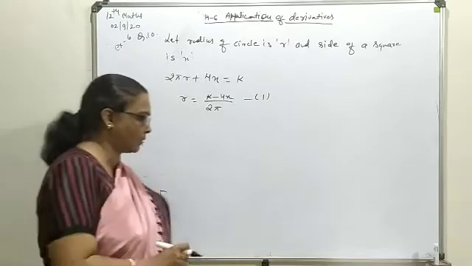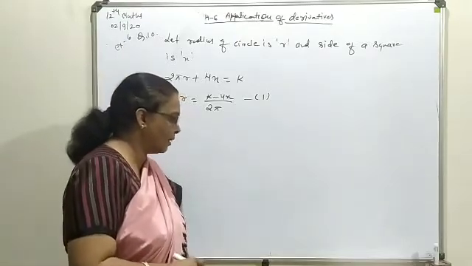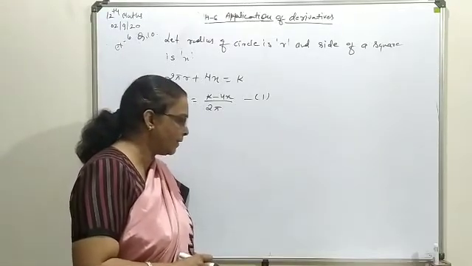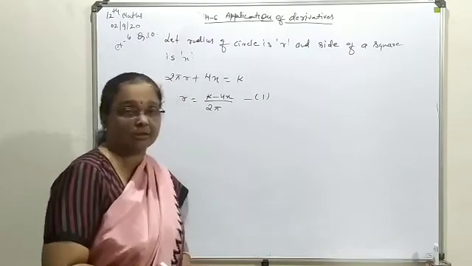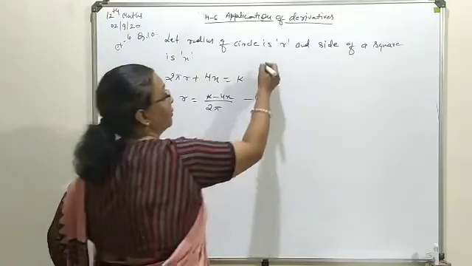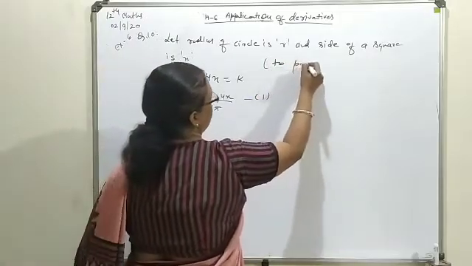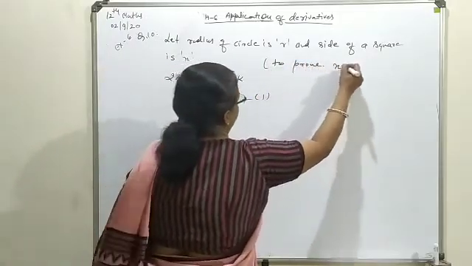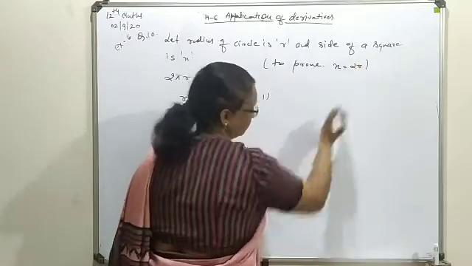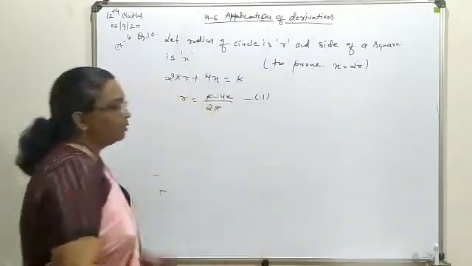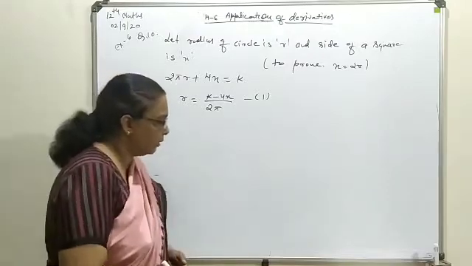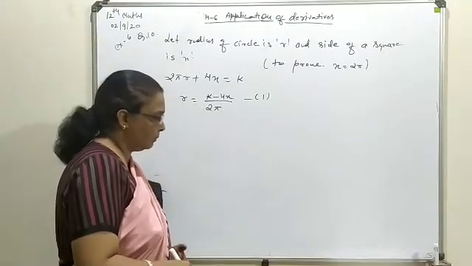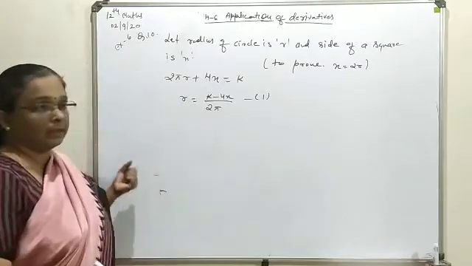Now what is being asked? Prove that the sum of their areas is least when the side of the square is double the radius of the circle. So what is to be proved here? That x is equal to 2r. This is to be proved on the basis of your minima area evaluation.